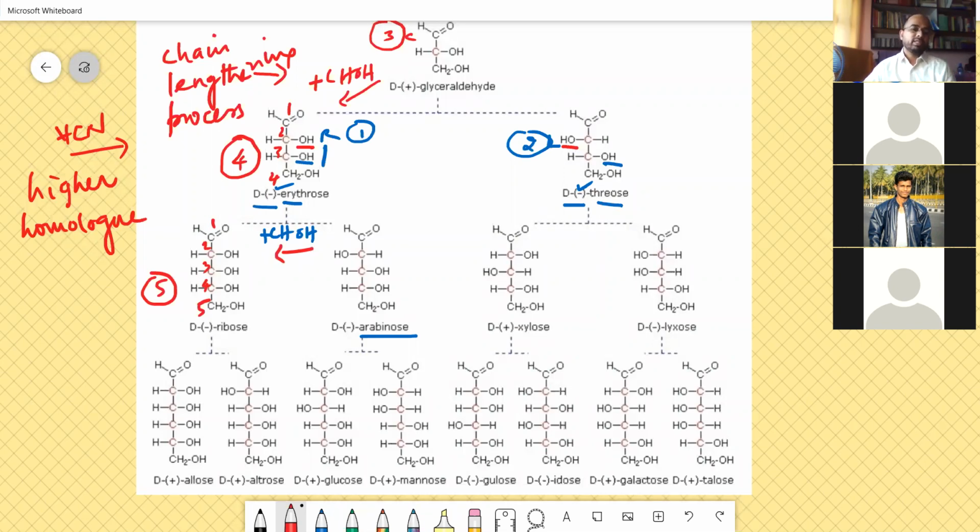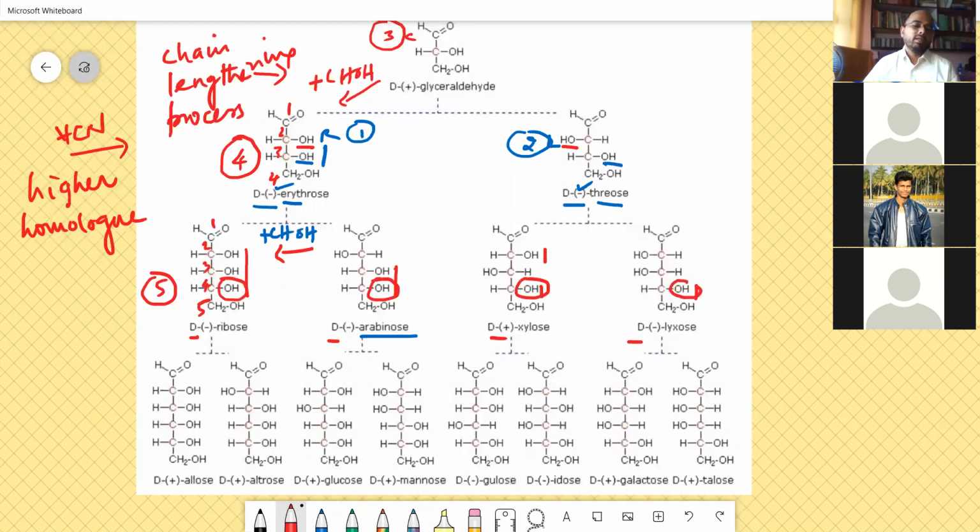So how many isomers am I getting? Because of the asymmetric carbon atoms, all 3 OH on the same side, only 2 OH on the right side, but alternatively, only 1 OH on the right side. So you can see all of them are D sugars only. All have OH on the right side only.